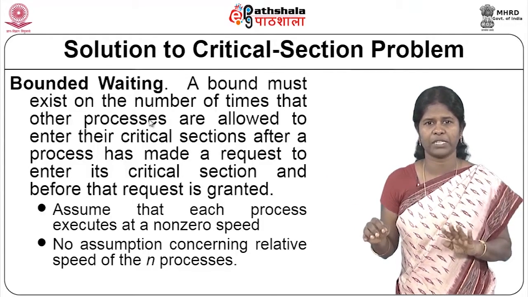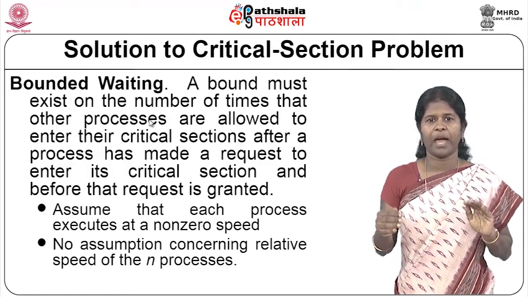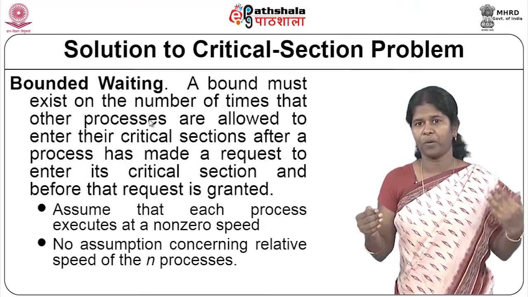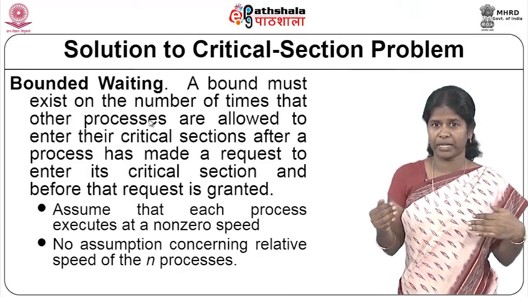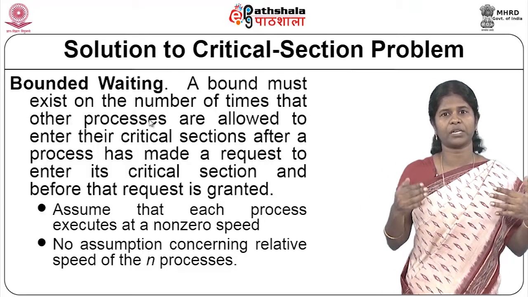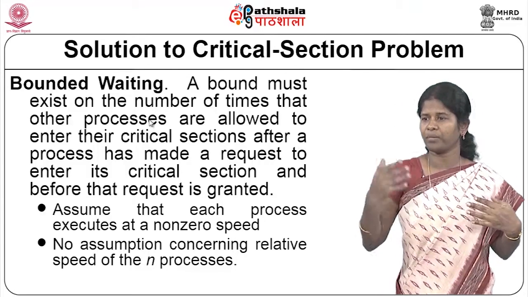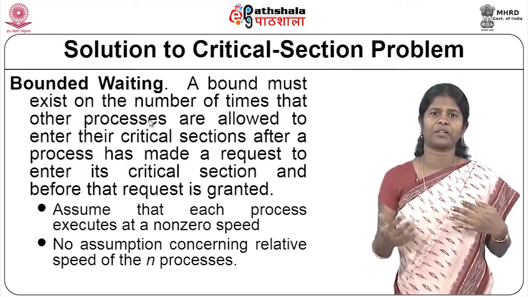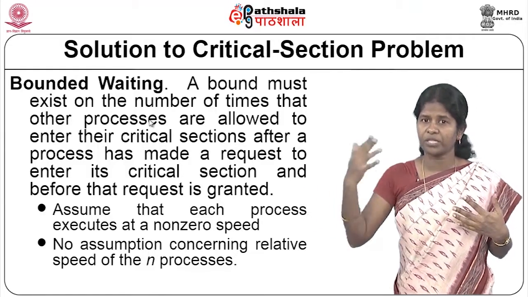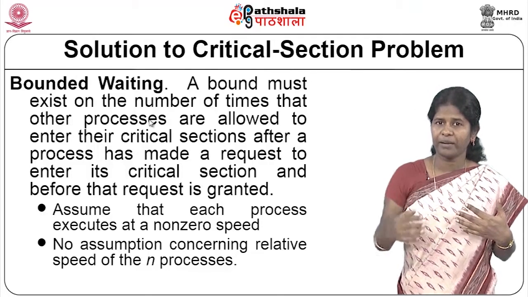Assume P1 is first allowed to enter the critical section, then comes out, and now P1 again wants to enter the critical section. P1 should not be allowed to enter before P2 and P3 have entered their critical sections, because P2 and P3 had requested earlier.